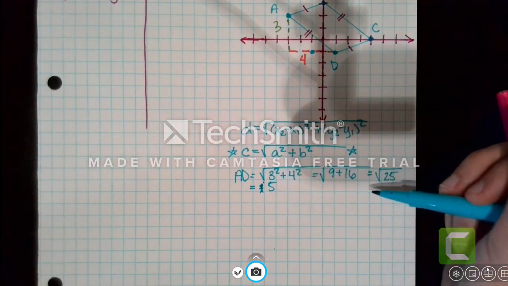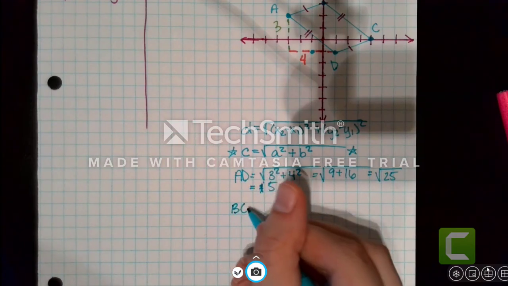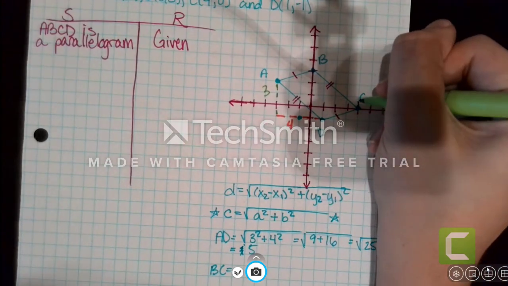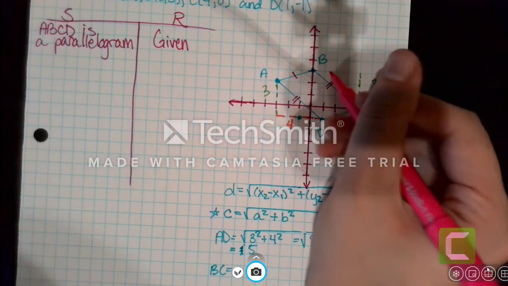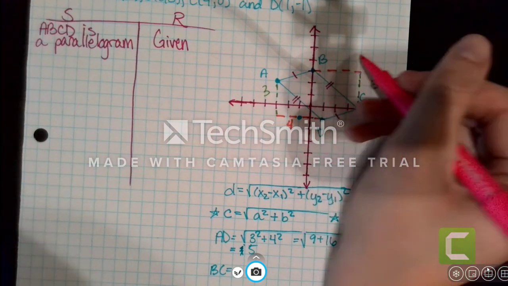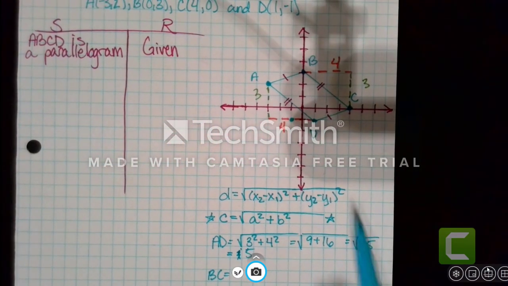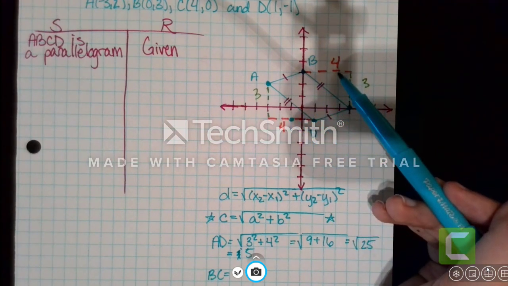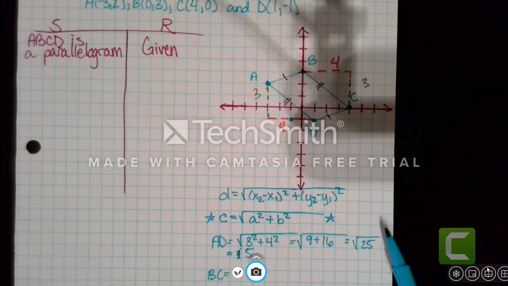Now, again, we're trying to prove that AD is equal to BC, so let's do the same with BC. BC is equal to the square root of its vertical height, which is 3 as well, and its horizontal length, or its base, of 4. Now, if you look here, each side has an equal base length for their triangles, and each side of AD and BC has an equal height of 3 for their triangles.